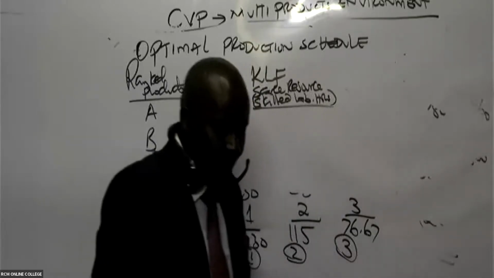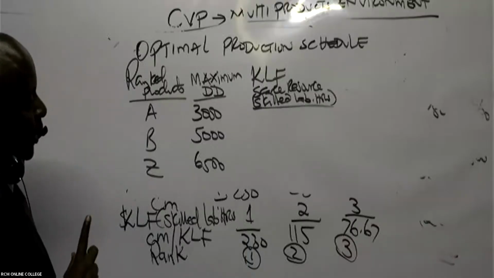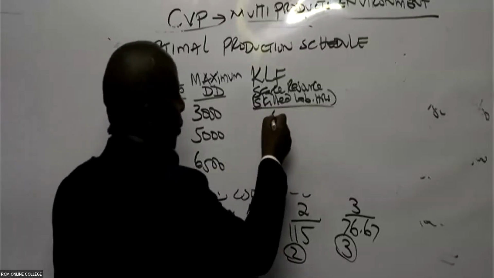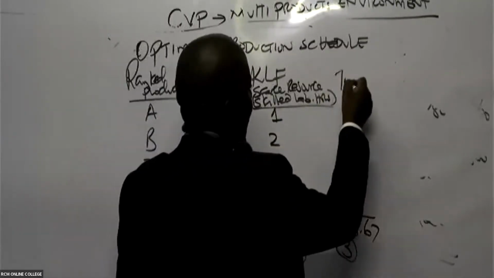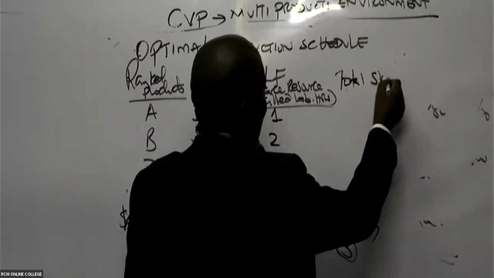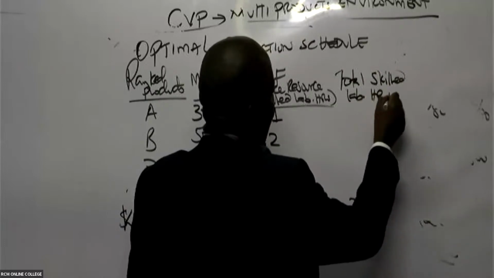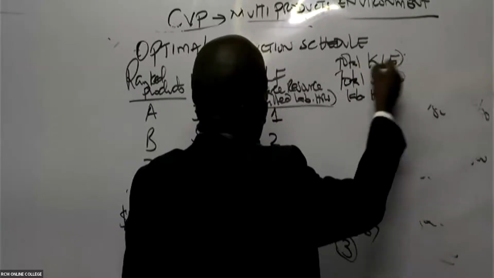All right. So then now we are worried about this KLF, the scarce resource, skill labor hours. For A, you gave me a figure of 1, right? 2, 3, isn't it? So give me the total skilled labor hours. What we'll be calling the total KLF.